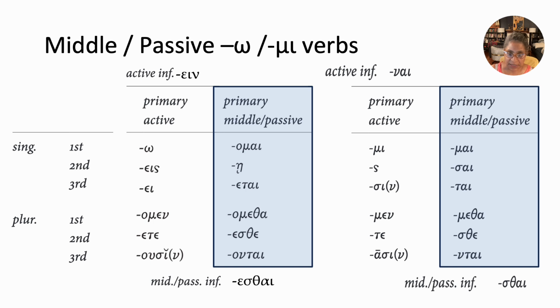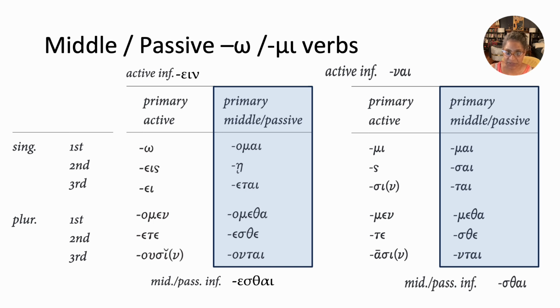Now, mi verbs, we didn't really go over how they actually do their middle passives. We haven't met any yet, but we will in this section. But you'll see that the endings are effectively the same. So the endings are -mai, -sai, -tai, -metha, -sthe, -ntai.